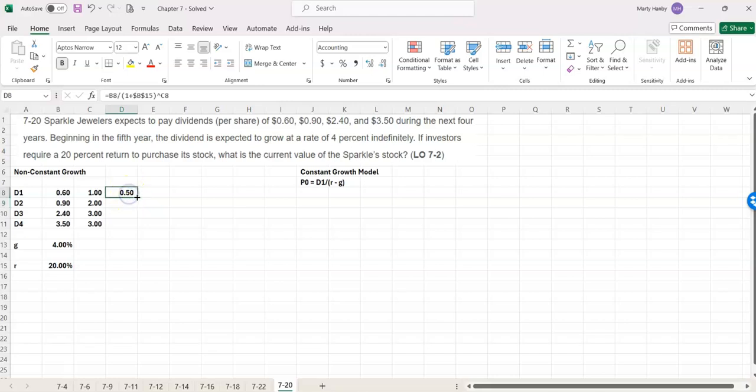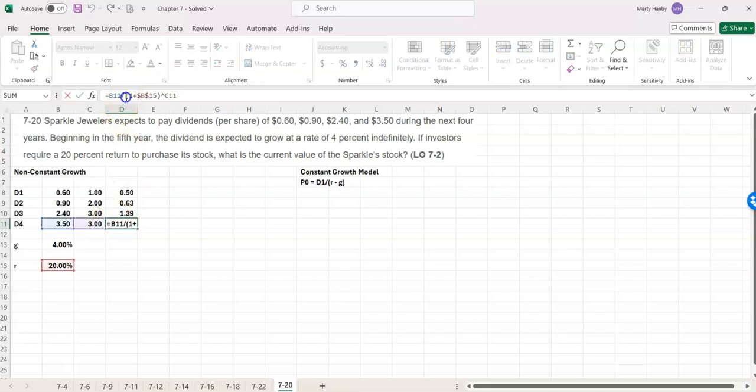Now if I put the little cursor on the bottom right hand corner, I get this cross, and I can drag it down. Right now I'm present valuing the dividend in year 4 just 3 years.